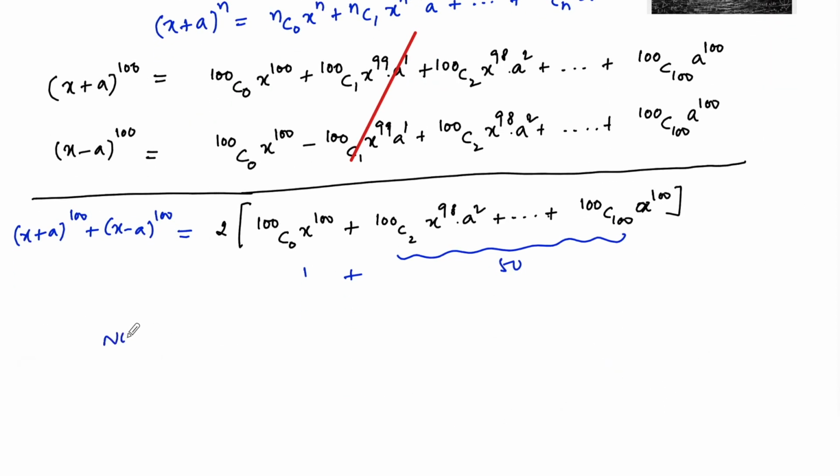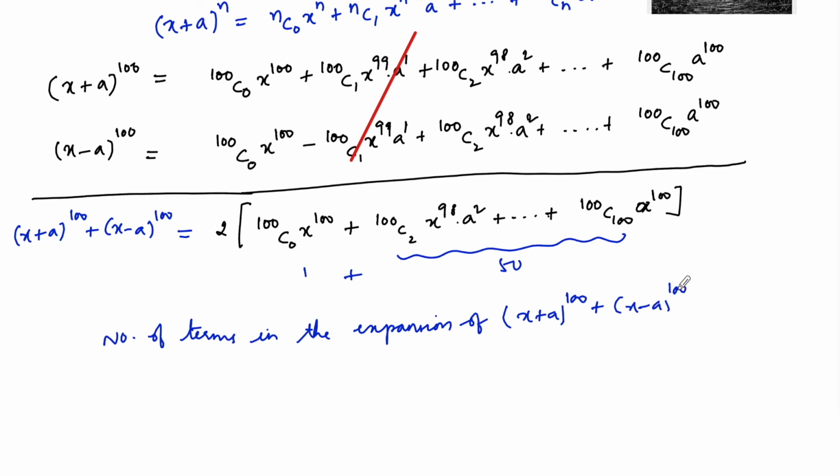So the number of terms in the expansion of (x + a)^100 + (x - a)^100 is equal to 51. So 51 terms are there, or even just by using the simple formula we can also tell this.